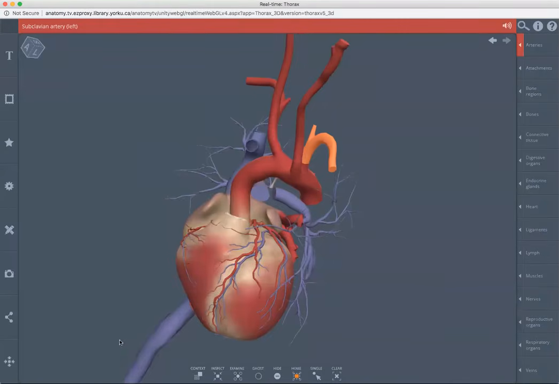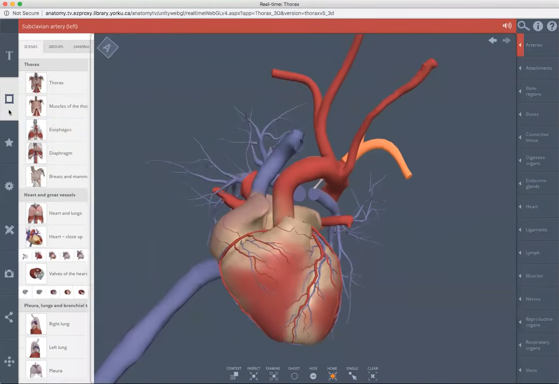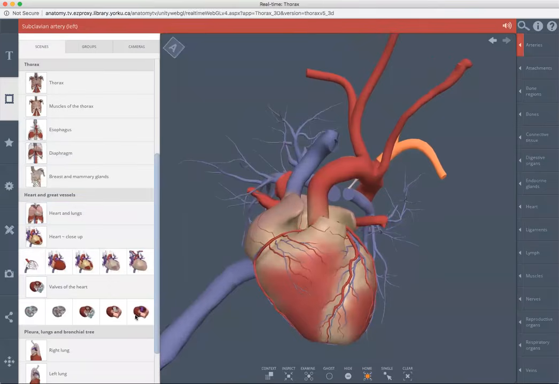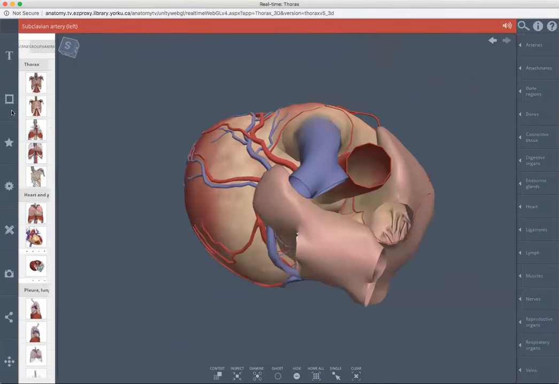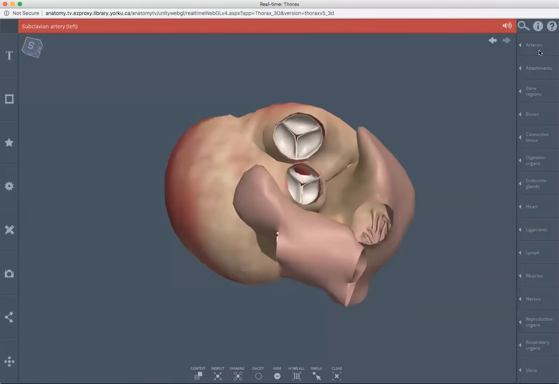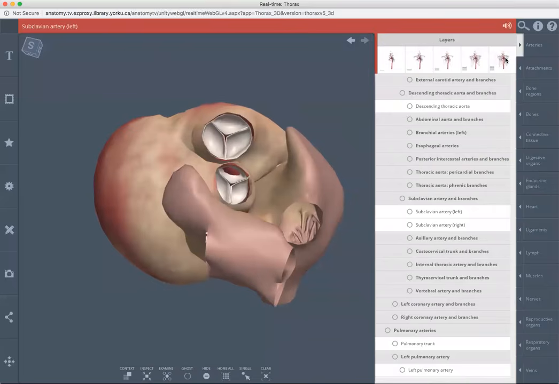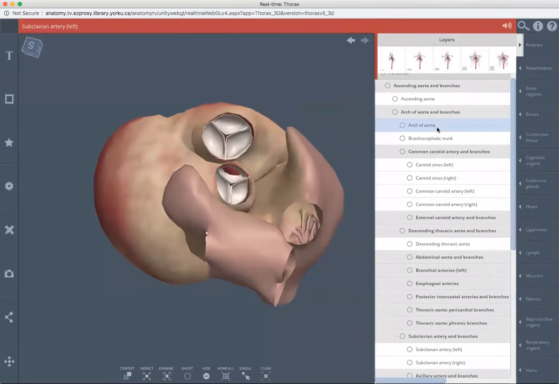All right, so next up, we're going to take a little view inside the heart. So for that, I'm going to switch to this view. Okay, and we're going to get rid of all of the arteries and veins on the outside. With the exception, let's put the aorta back. Where is it?